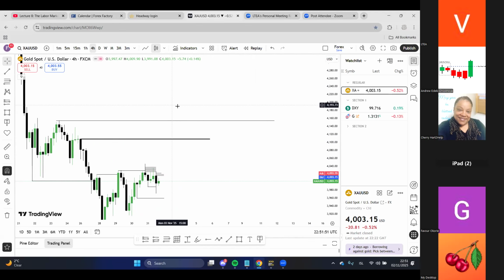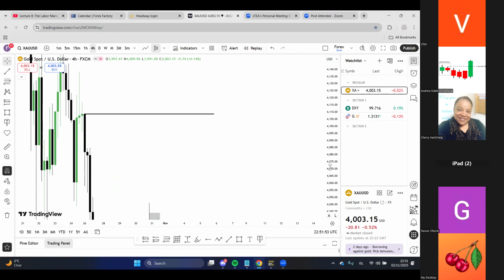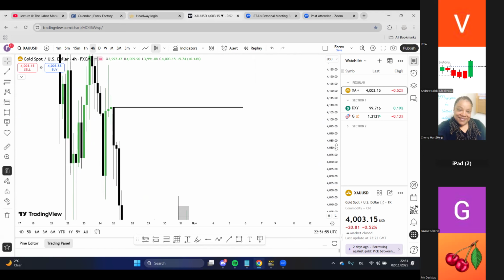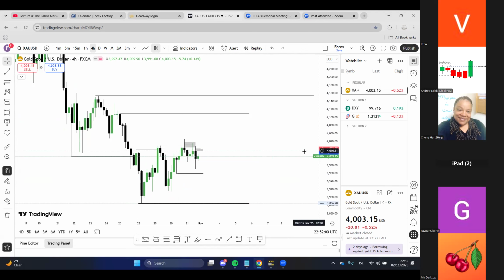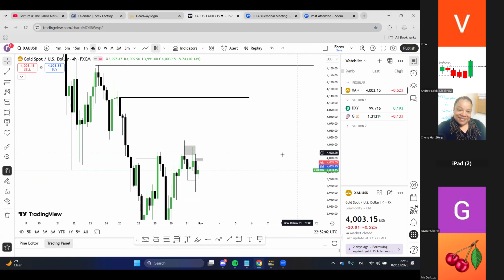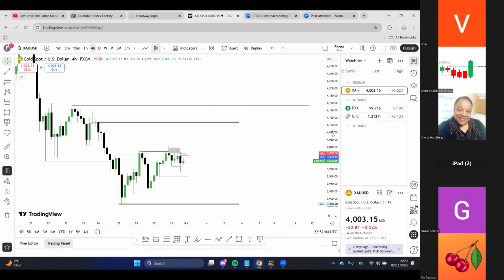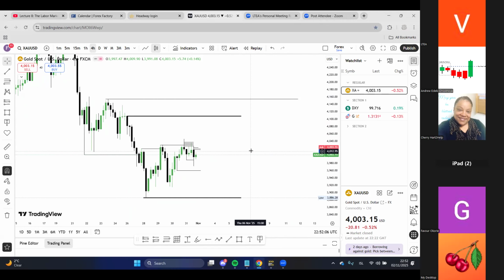Basically, that is liquidity. But for us to continue that way, the last high that did that should not be disrespected. The last low that did that should not be disrespected. Then we will know the bullish momentum is there.